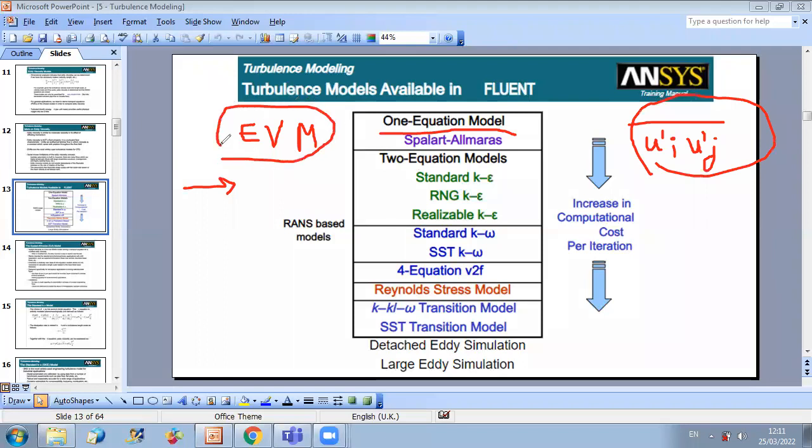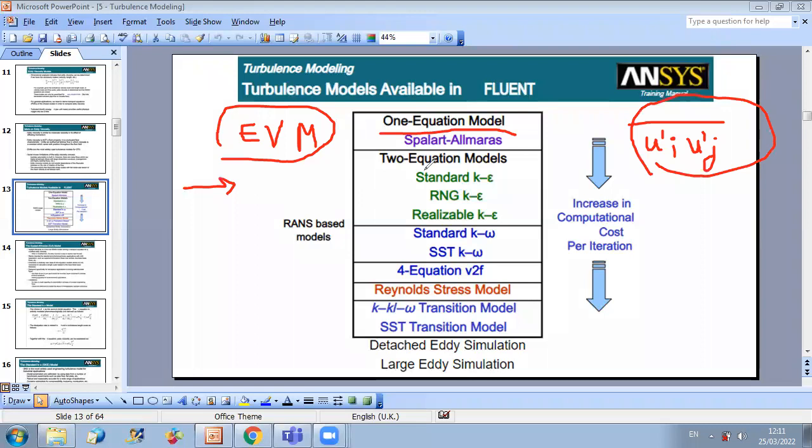Then we need to solve an additional equation to the Navier-Stokes system to predict turbulence. This is why we call it a one equation model. Now, we have also seen that this technique has some limitations. It was good in certain applications, but in many applications, it performed poorly. This is why we developed other models.